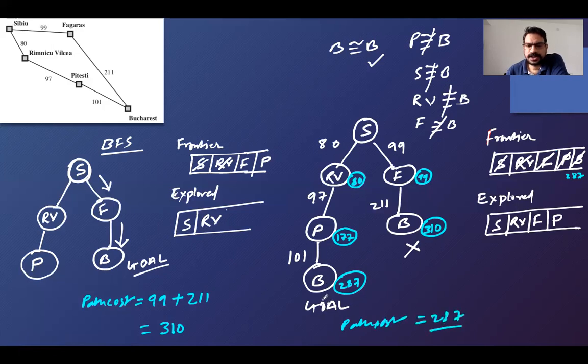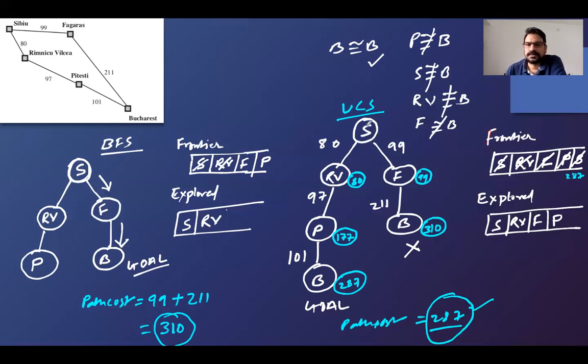So to reach Bucharest, the uniform cost search gives you the path cost as 287. But the breadth first search gives you the path cost as 310. So you can see the comparison between breadth first search and uniform cost search. Who is giving you the least cost?